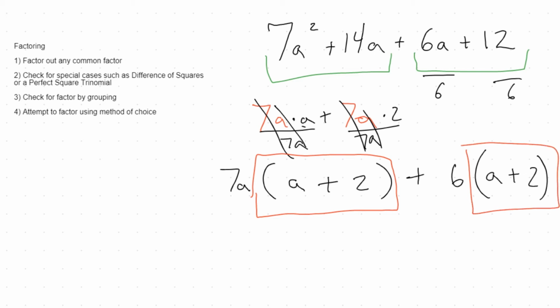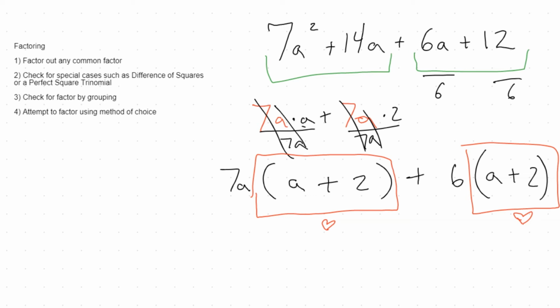So what we're going to do is go one layer deeper than we did before. We're taking that same piece, this a plus 2, and let's call it a heart. We'll say a plus 2 is represented by heart. Okay, so this is really like 7a heart plus 6 heart.